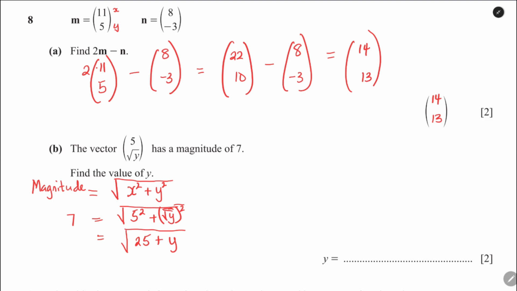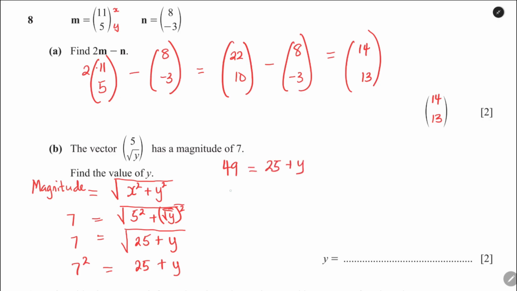All right, now that we have this, we're going to square both sides to give us 7 squared equals 25 plus y. Why did I square both sides? Because I wanted to get rid of the root sign. Now, 7 squared is 49, equals 25 plus y.